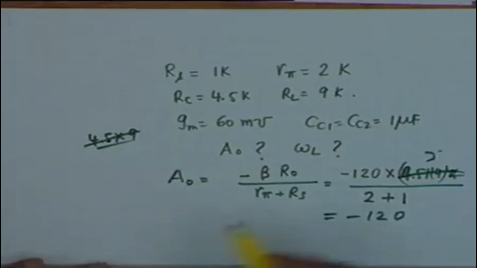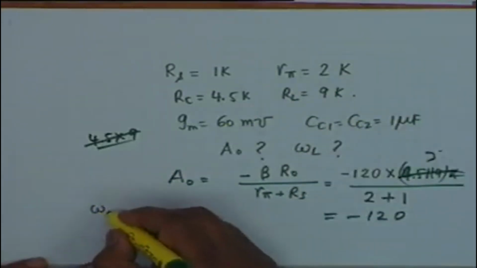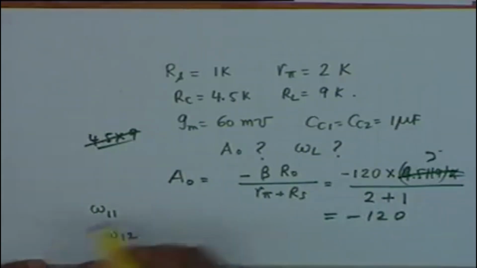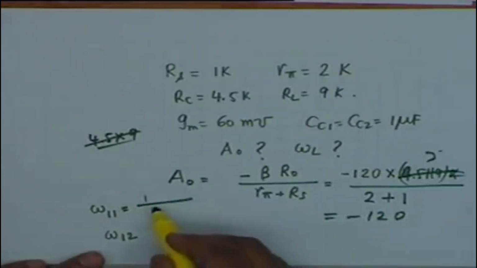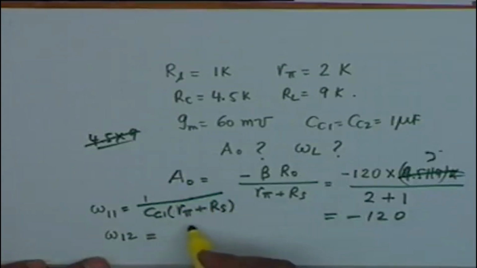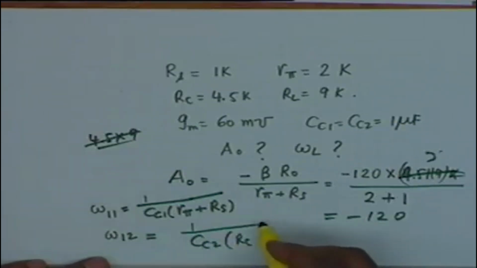Then with the given CC1 and CC2, calculate omega L1 and omega L2. Omega L1, as you know, is 1 over CC1 times R pi plus Rs, and omega L2 you calculate as 1 over CC2 times Rc plus RL.